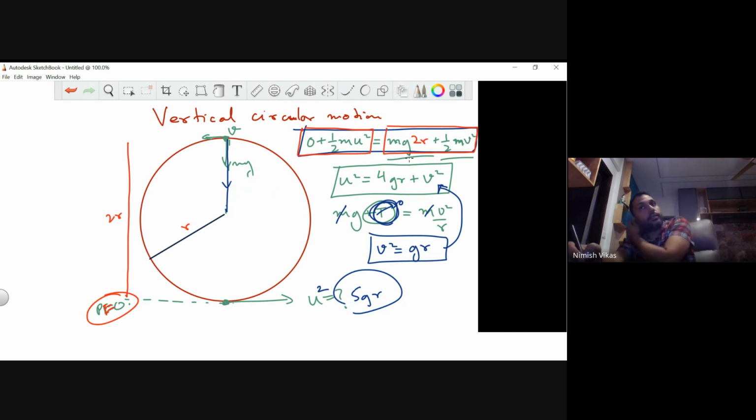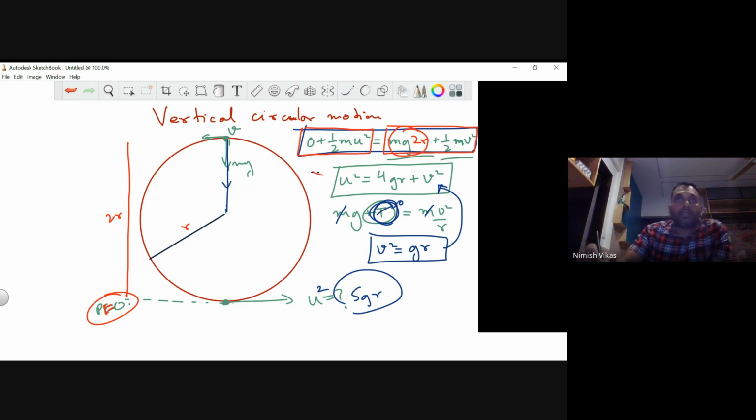Look at the actual thing and write it yourself. You should have said mg into 2r, right? Not ask why it is mg square r. Obviously it cannot be mg square r, so there is no question of why it is that. You have to say it should be this. If you understand that there is a potential energy, then you should say that it should be written this way.